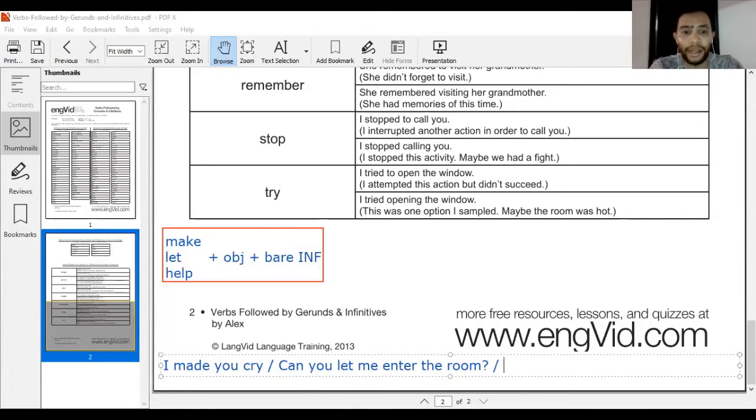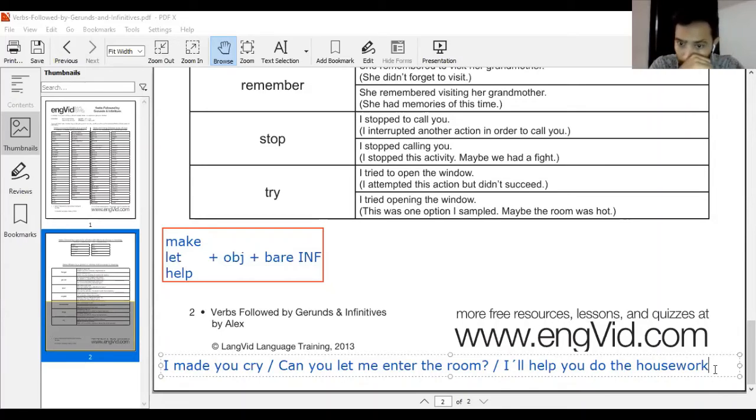Now let me give you an example with help. Take a look. What does this mean, guys? I'll help you do the housework.